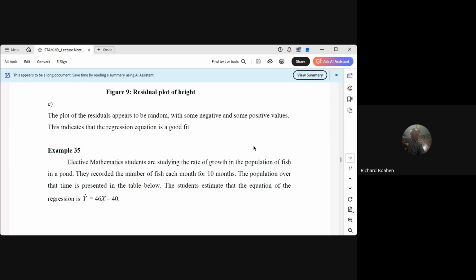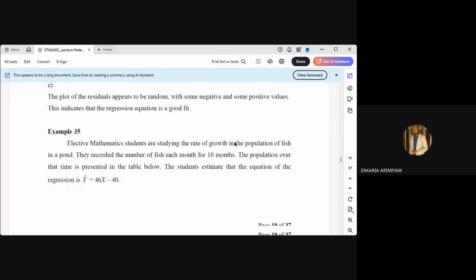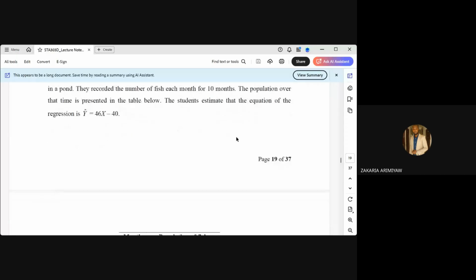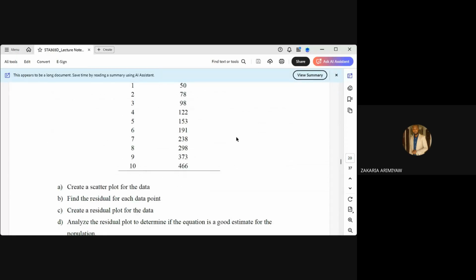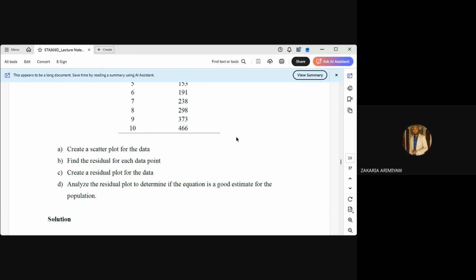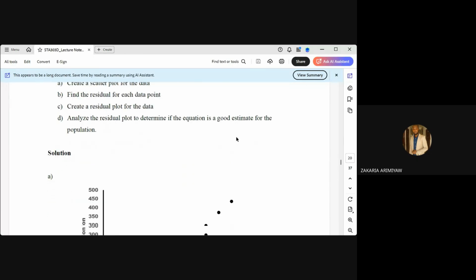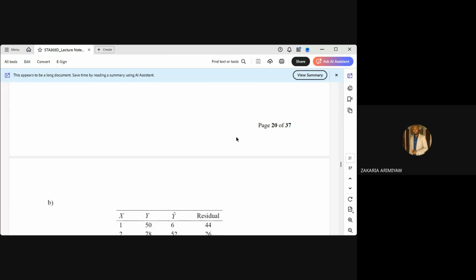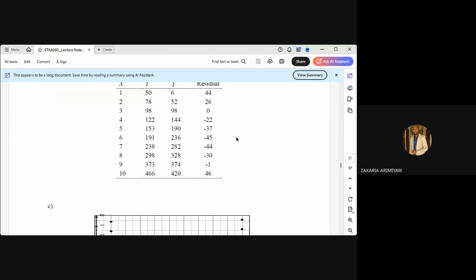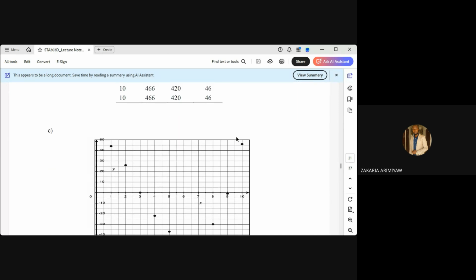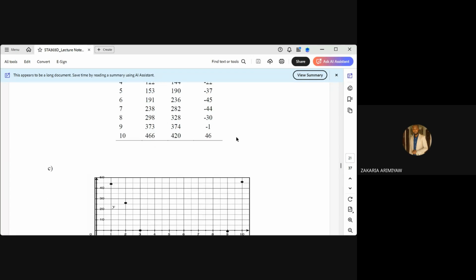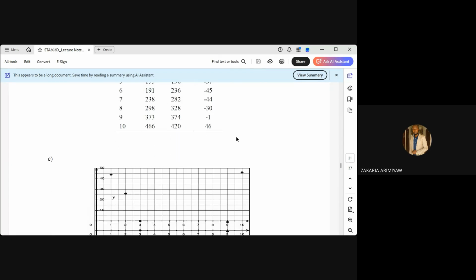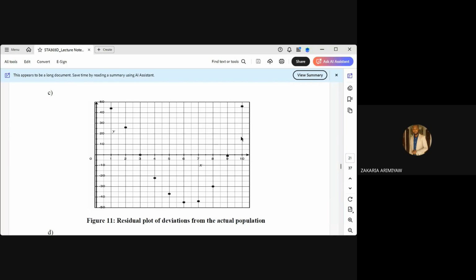Yes, please, doctor. Okay, so there is another example, similar to what we have discussed. You can have a look at it, but I'll just pay attention to one aspect of this example, and that is how the residual plot will appear. In this particular example, this is the residual plot.